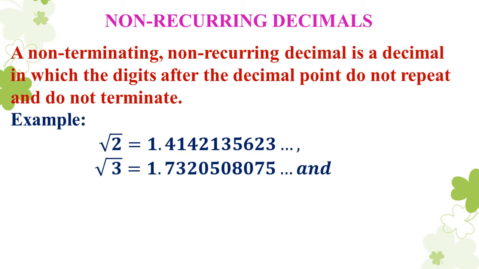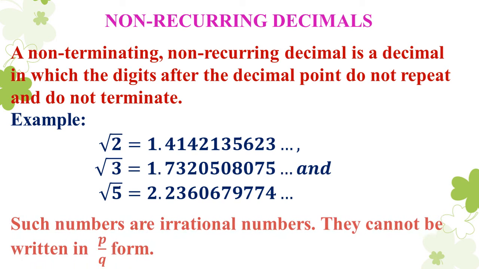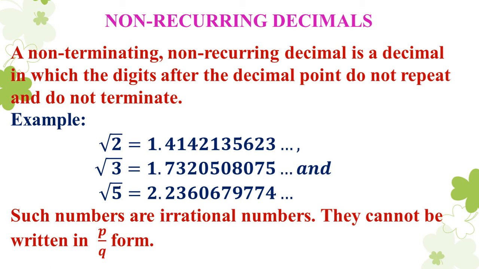Root 3 equals 1.7320508075 and so on, and root 5 equals 2.2360679774 and so on. Such numbers are irrational numbers. They cannot be written in p by q form.